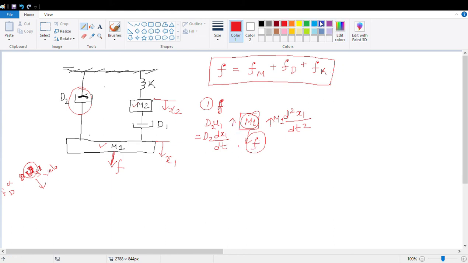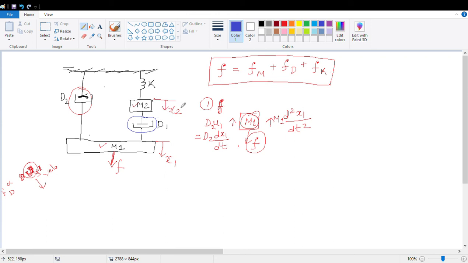Now what is the third force? What other element is attached with M1? That is this damper D1. How much displacement has taken place in D1? Look, D1 is displaced in the downward direction by x1, and it is also compressed by the elongation of mass M2 by x2.